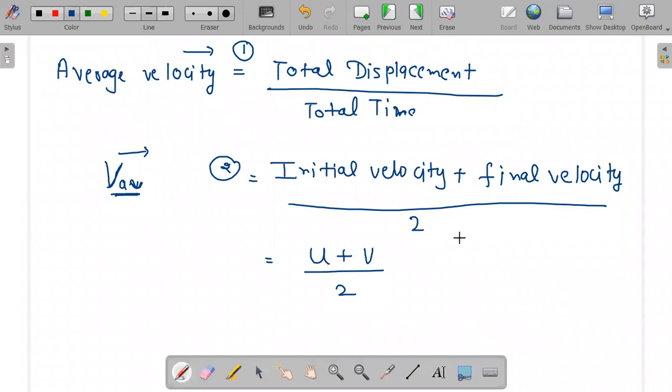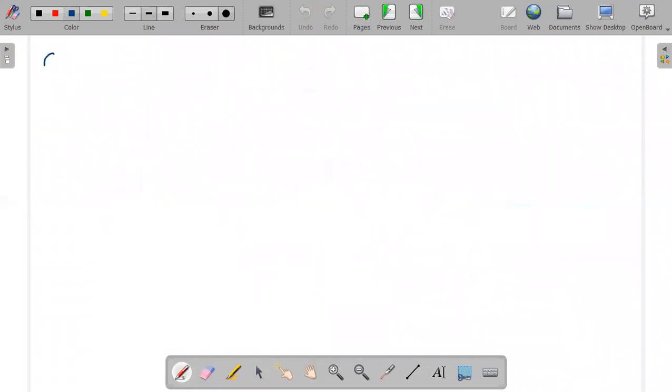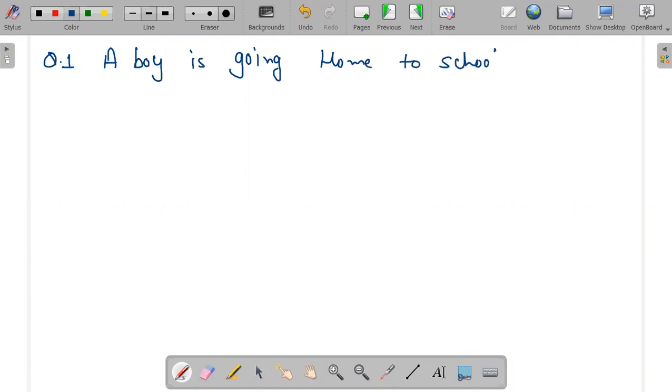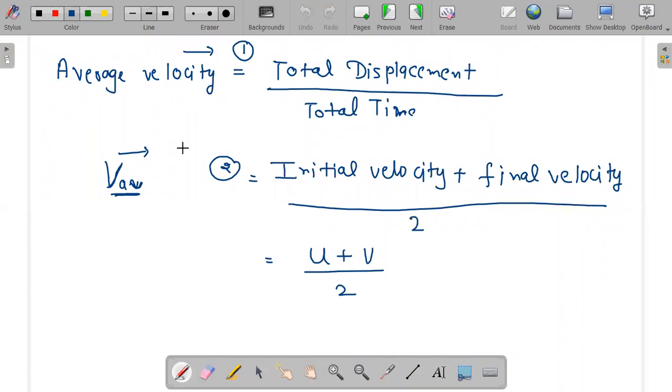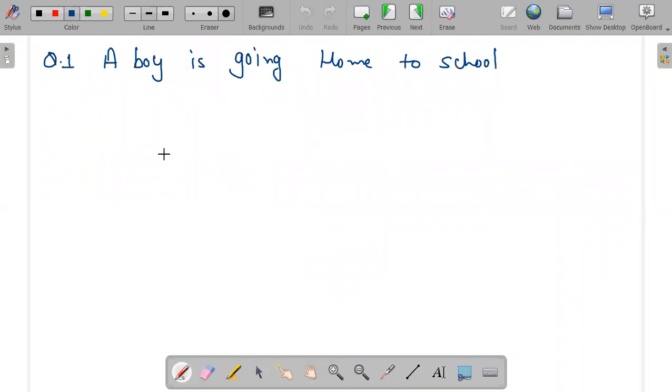Now I'm writing a very simple question. My question is that if a boy is going from home to school. Why did I write home to school? Because if I want to find velocity, I have to mention direction.